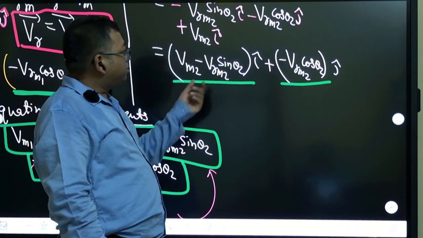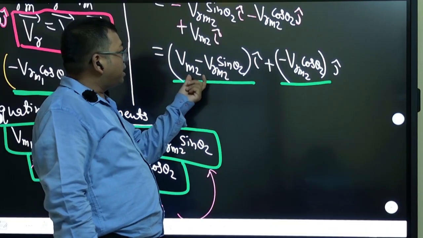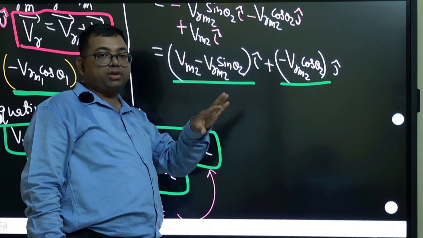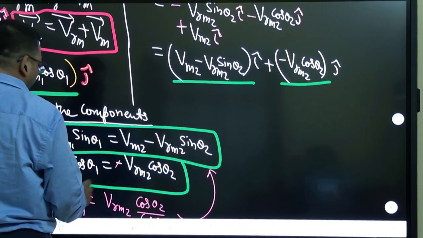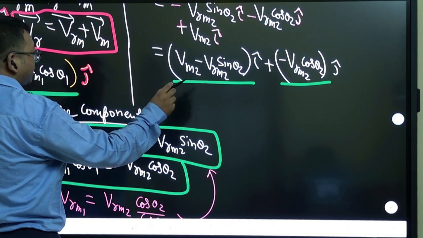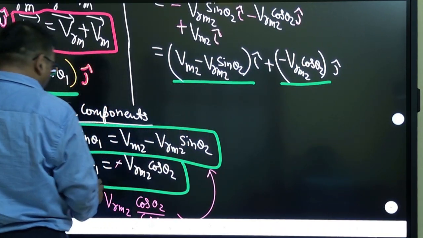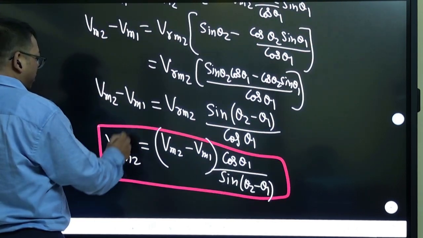Did you get it? Because now we have calculated Vrm2, we will substitute here and calculate the velocity of rain. Clear? So now I will summarize. Remember this: Vm2 minus Vrm2 sin theta 2. So you need to calculate this.